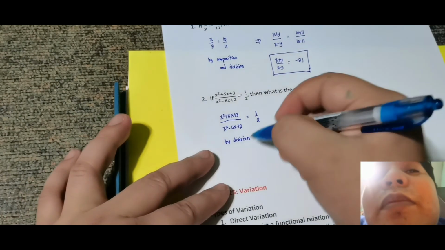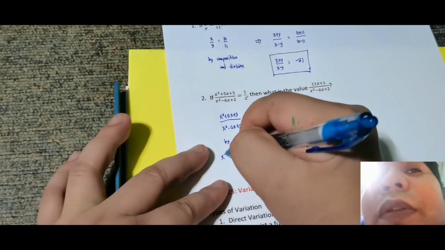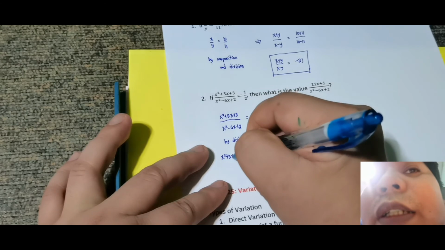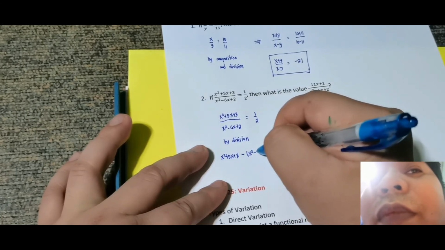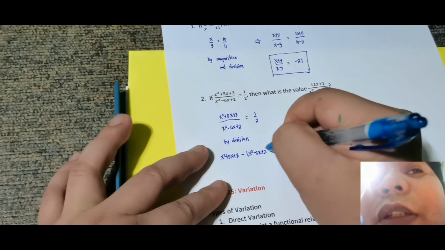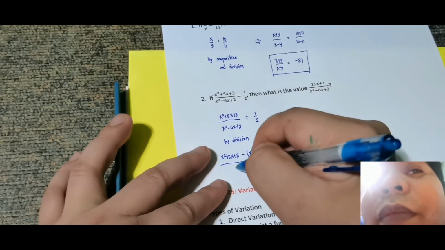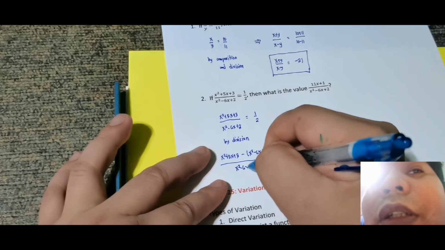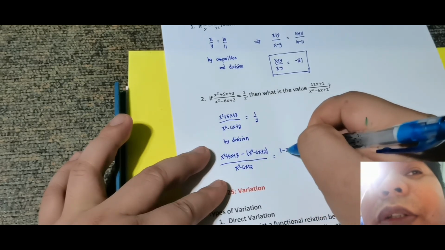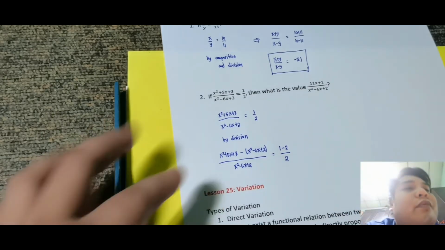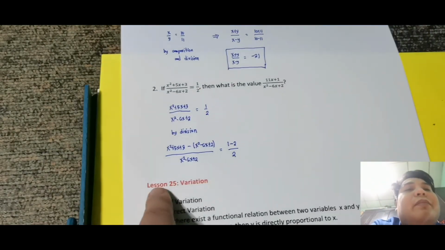By division, that is simply equal sa x squared plus 5x plus 3 minus x squared minus 6x plus 2, all over x squared minus 6x plus 2, which is equal sa 1 minus 2 over 2. Okay, then simplify natin further to.